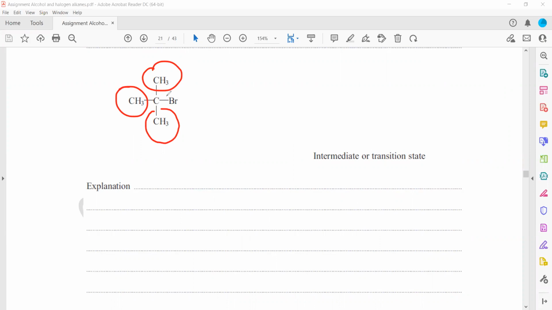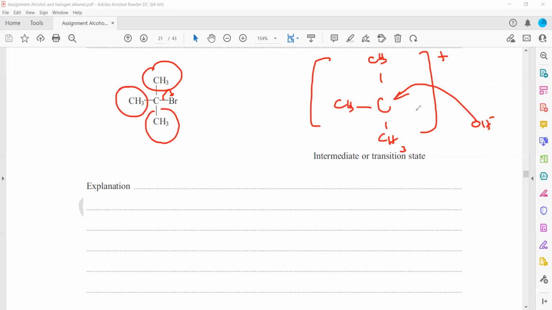So first the carbon will break the bond with bromine, so it will form a carbocation, and the carbocation here, which is surrounded by alkyl groups, is more stable. That's why here the carbocation is surrounded by three alkyl groups, so it will be more stable and the intermediate will have a positive charge. And due to this positive intermediate, the attacking nucleophile now can find a space and attack on this carbon.